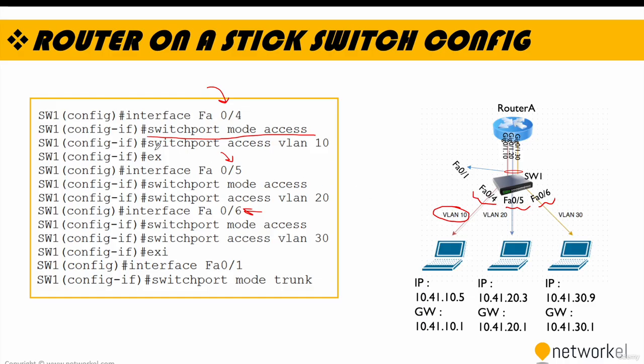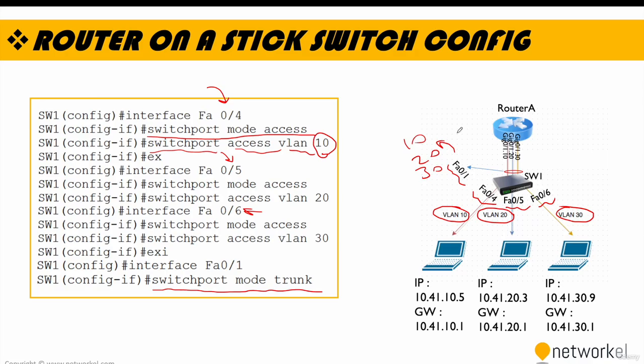And I type switchport access vlan and the VLAN ID: VLAN 10 for fast 04, VLAN 20 for 05, and VLAN 30 for 06. On the other hand, there is another interface of this switch which is connected to Router A, and that is FastEthernet 01. I define this port as a trunk port because it will carry multiple VLANs. VLAN 10, 20 and 30 will be carried by this FastEthernet 01. That is the switch side configuration.